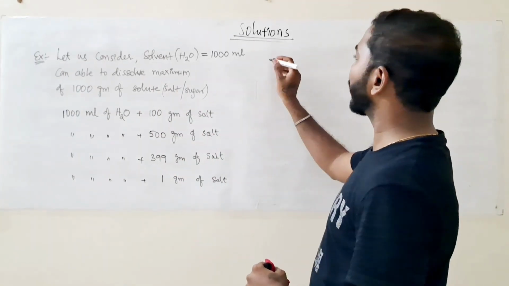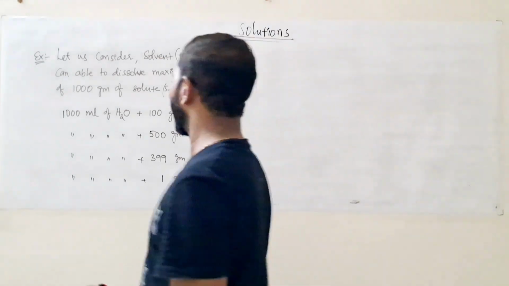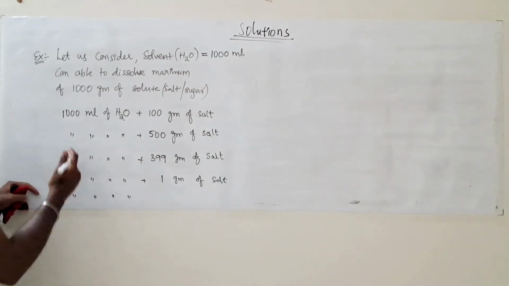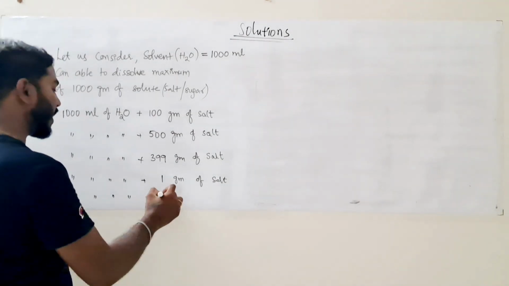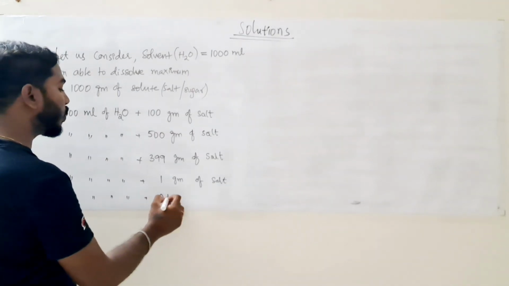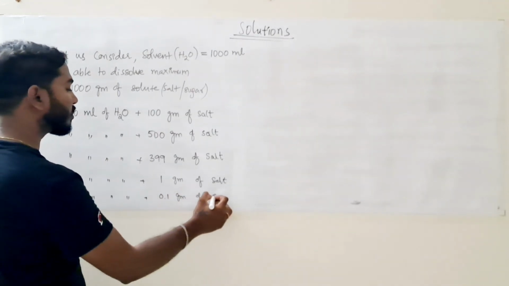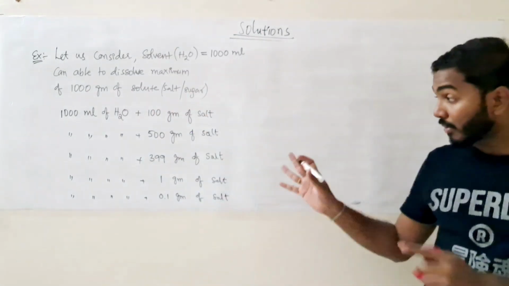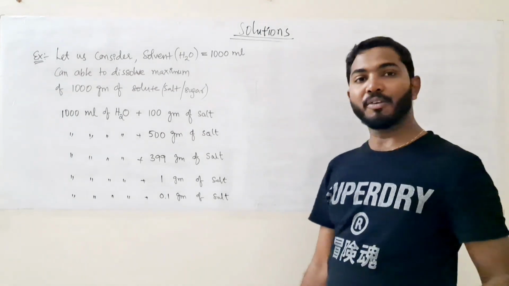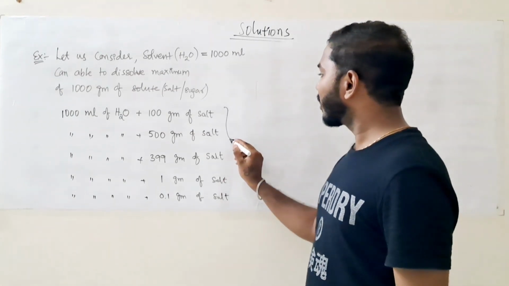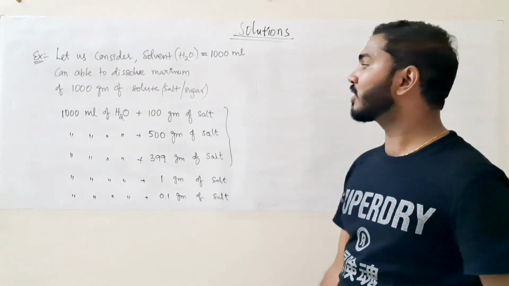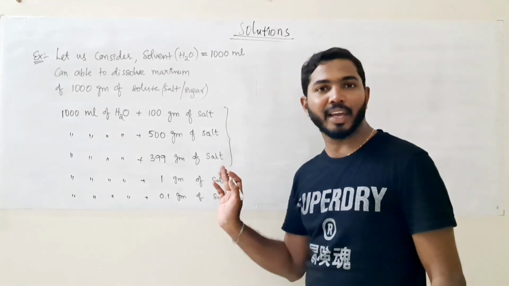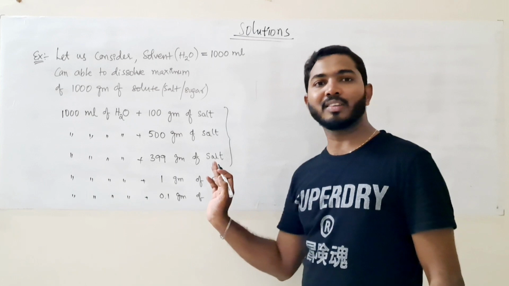Let us take another example: into the same 1000 ml of water, I add 0.1 grams of salt. Now what type of solutions are all these? If you see the first three types of solutions, what type are they? Are you ready with your answers?